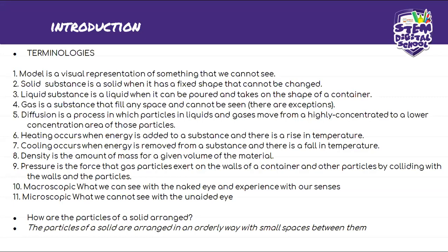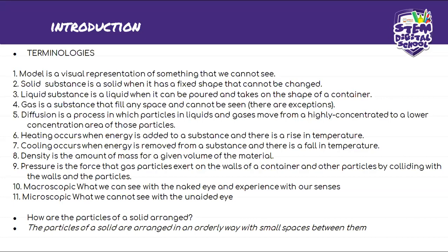Macroscopic simply means what we can see with the naked eye and experience with our five senses: smell, taste, touch, seeing, and hearing. When you talk about them, they give you the macroscopic. So, what we can see. Then microscopic means those things that we cannot see with our eyes.